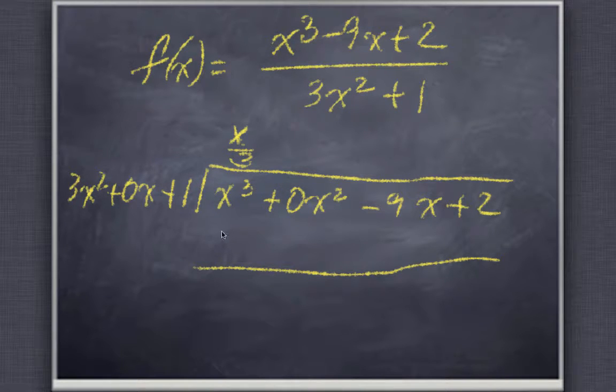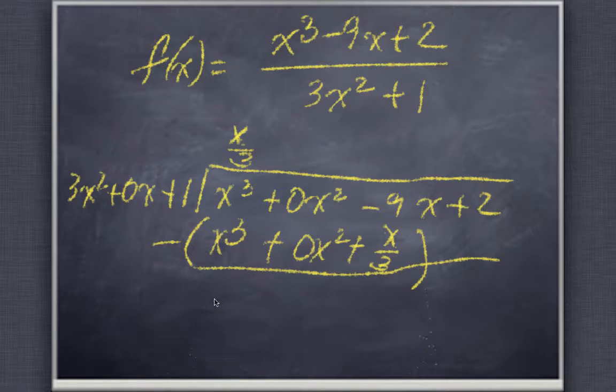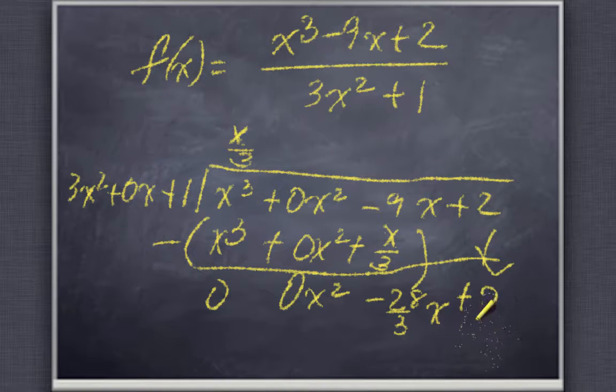So I multiply it through, and I get x cubed. x over 3 times 0x is 0. x over 3 times 1 is x over 3, and then I subtract this. So I get nothing there, 0x squared minus 28 over 3x, and then I bring down the 2.